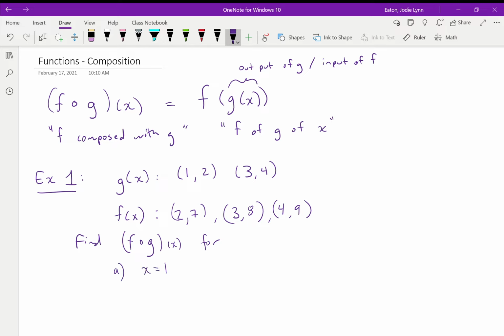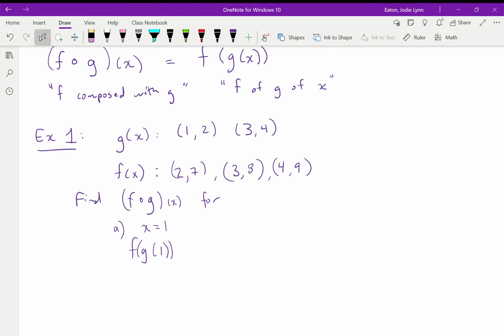So we're going to do f of g of 1. We do g of 1 first, the inner function comes first, and then we take f of our answer. g of 1 gives us 2, so we take f of 2, and f maps 2 to 7, so our answer is 7.